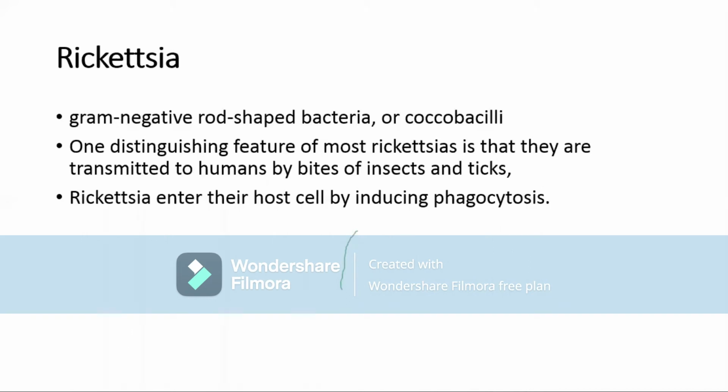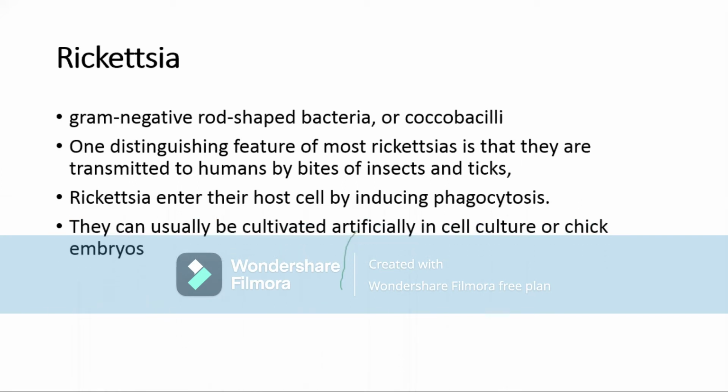And one of the most prominent features of this Rickettsia is that they enter the cell. जो मैं बताने जाऊंगी उसकी बात मैंने करी थी कि they enter any cell by means of phagocytosis and they can be cultivated artificially in the cell culture and or chick embryos. Means if you want to cultivate any rickettsial species, you want to work with any rickettsial culture in your lab, you cannot cultivate them on agar plates.